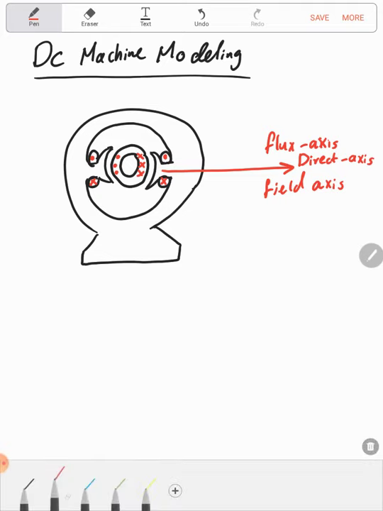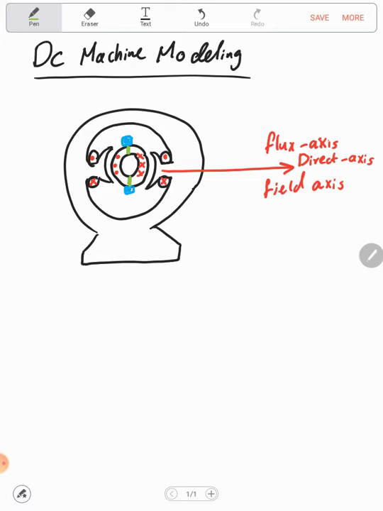Now in the DC machine, we are using brushes, and also in the DC machine we're having a commutator. And let's assume that this commutator is simple commutator.